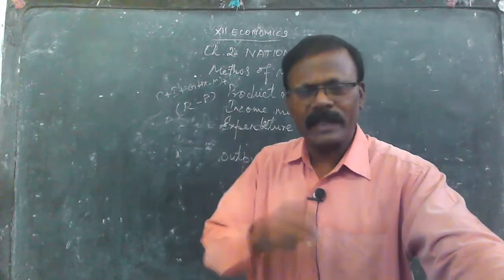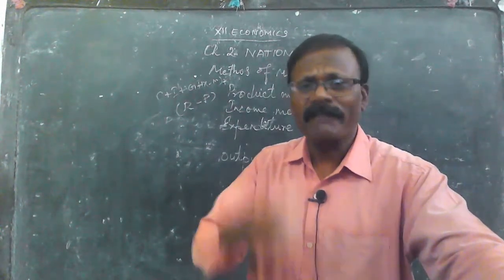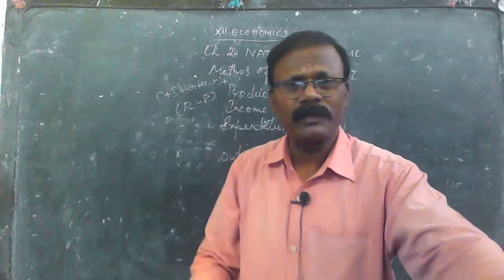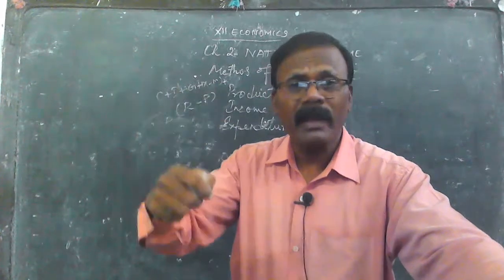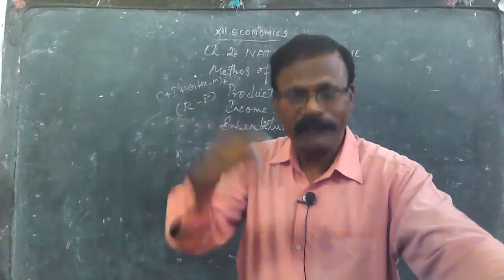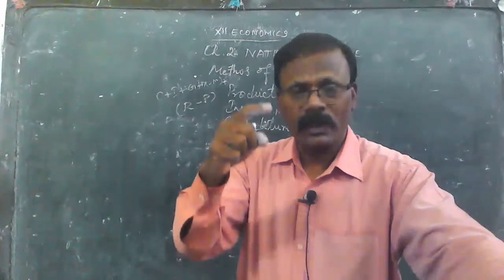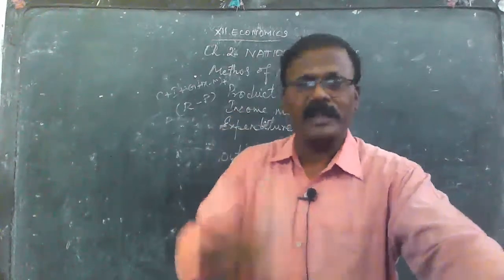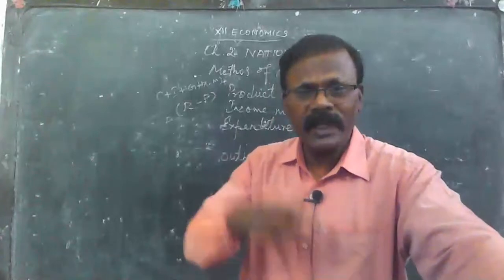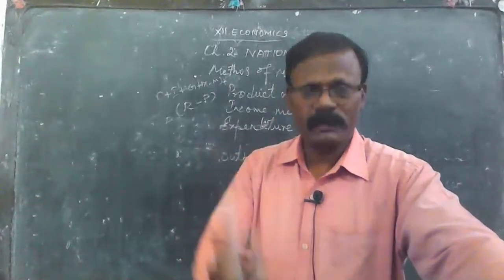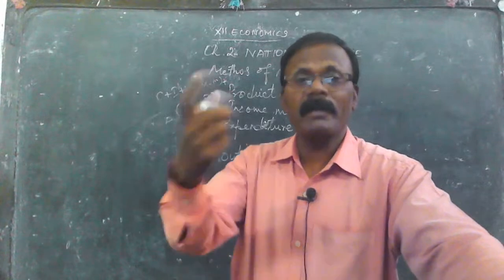Understood? Our Indian residents supply factors to the foreign residents. The foreign residents pay the incomes for the factors received from the Indian residents. So that is factor income. Then there is the factor income payment.